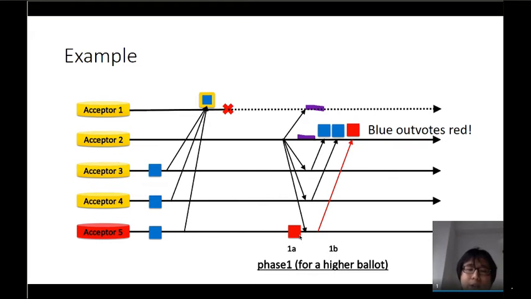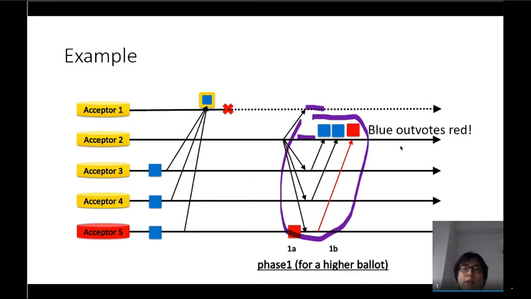Acceptor 5 is still lying, and it still returns a red value, which is a fake value. But now acceptor 2 has 4 replies, and in the 4 replies, it has 2 blue values and 1 red value. Then it can choose the blue value because it wins over the red value. So now this protocol actually works.